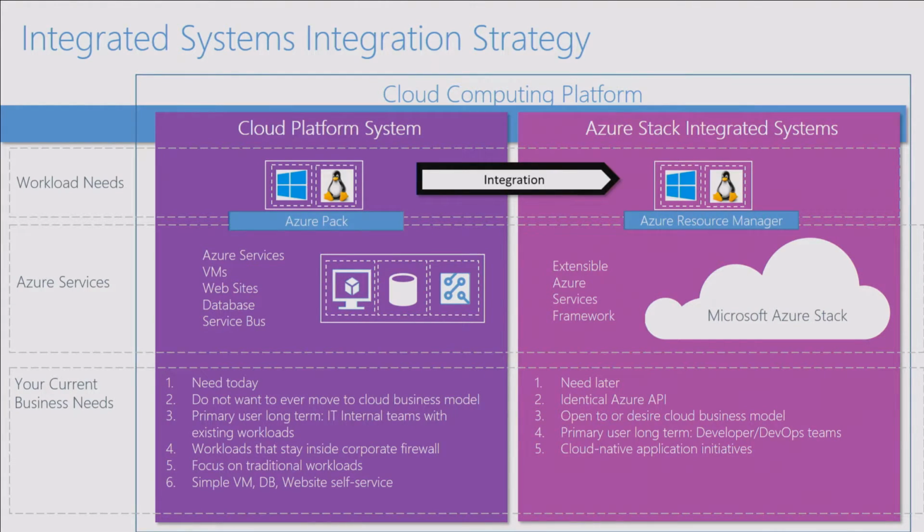If you need something now, because Azure Stack GA is mid of next calendar year, CPS is a valid solution. Second, if your main use case is around IaaS, infrastructure as a service, CPS is a very solid solution today.